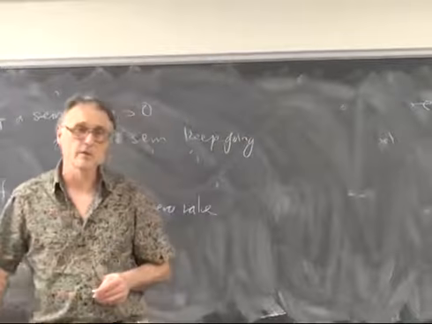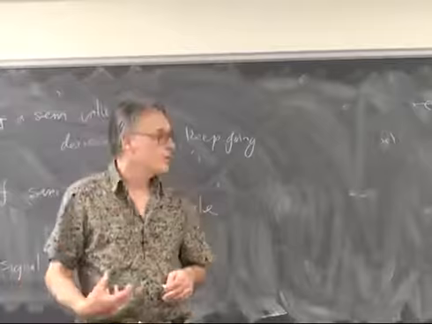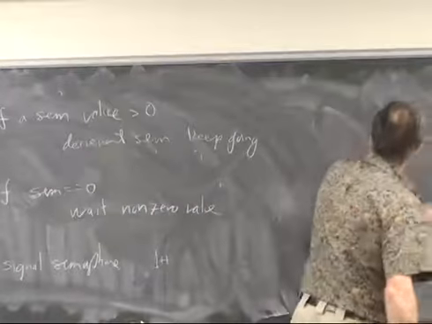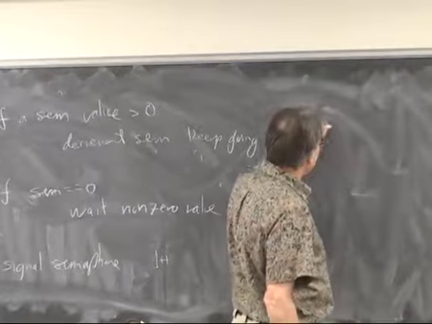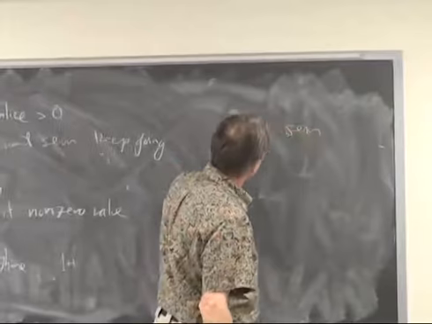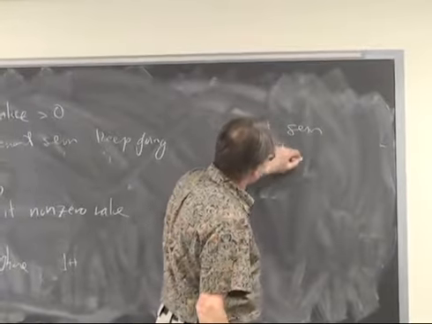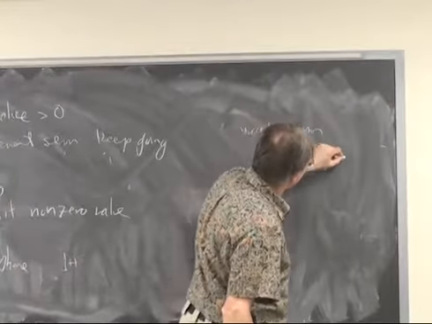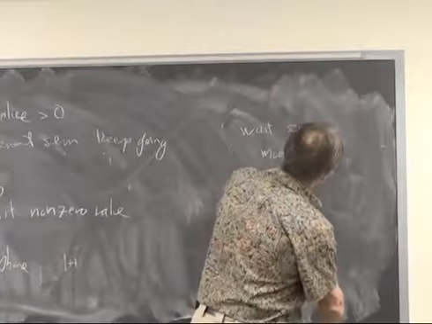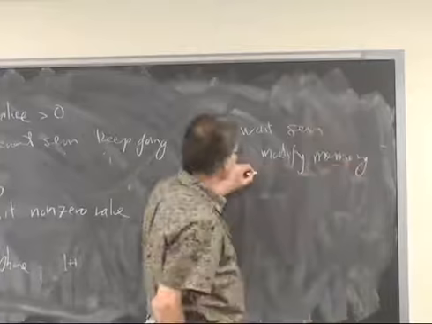Well, the interface to this is rather low level. So if you want to access memory, you're going to have to wait on some semaphore, modify memory, and then signal the semaphore.